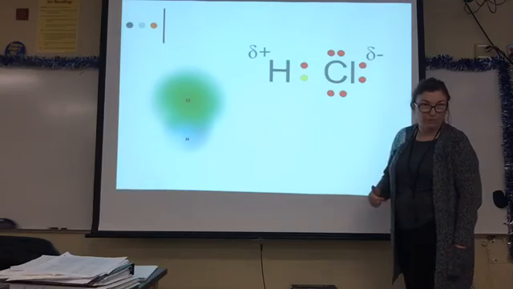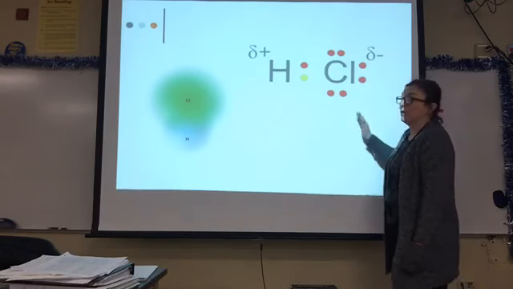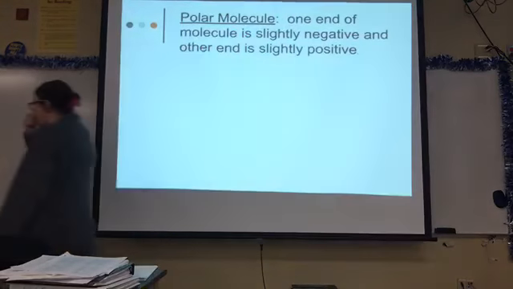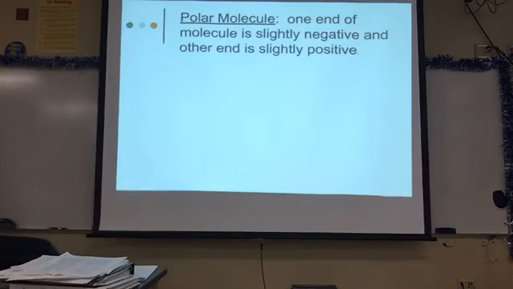So far, so good? Yes? These are partial, not total. A polar molecule is one that has a charge or a slight charge on one or more of the atoms. So one end of the molecule is slightly negative, another end is slightly positive.